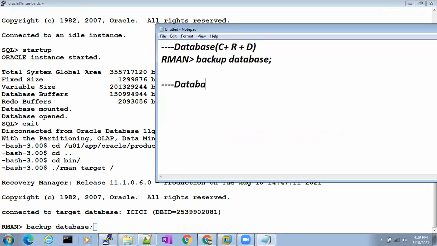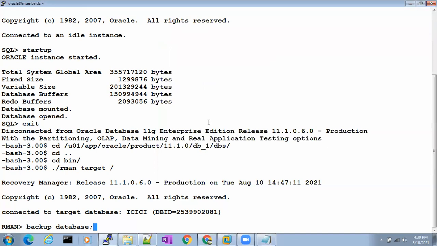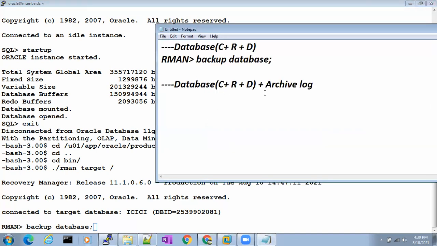Next, I want to take a database backup plus archive log also. What is the command to take a full database backup plus archive log also?